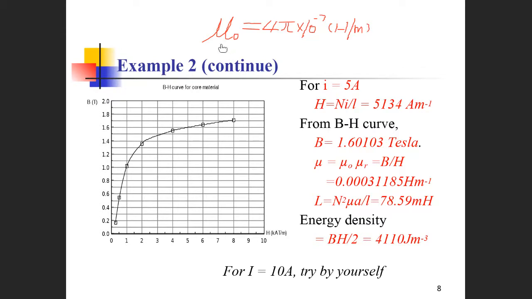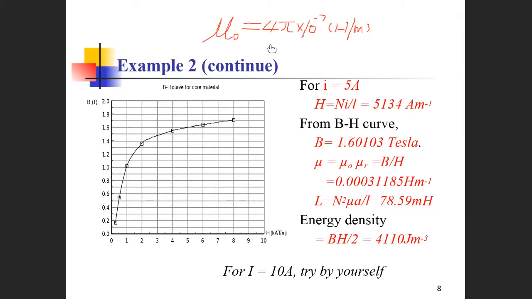Remember, mu 0 is a constant. So this is the total mu, and you can find the relative permeability mu r by using these values over these values.